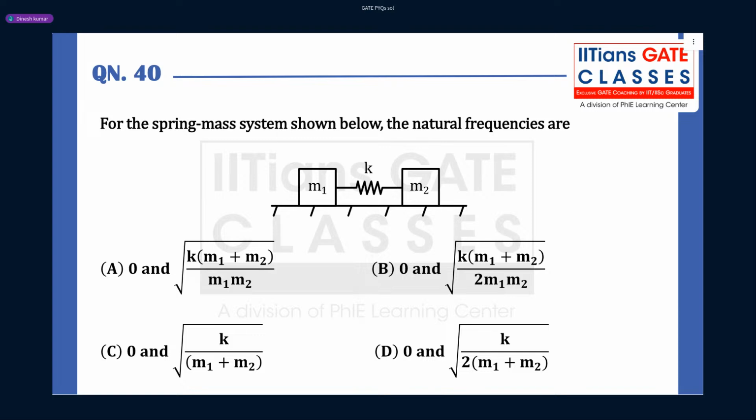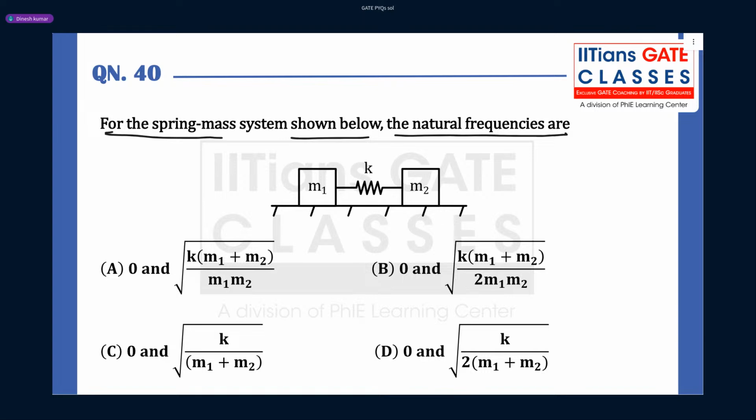This question is from the 2 degree of freedom system. We have solved a similar question in the last session also. It says: for the spring mass system shown below, the natural frequencies are.